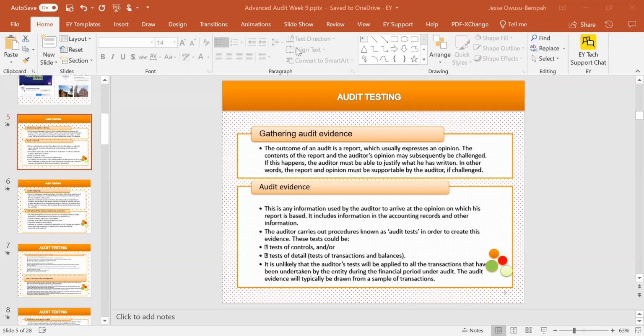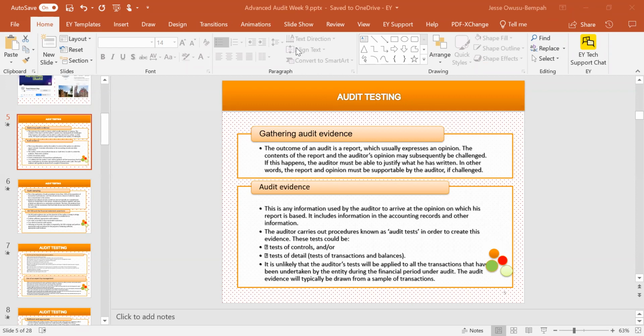Okay, so when we talk about audit testing, you cannot test properly without any evidence. You need evidence to test. And that's how auditors do their work. That's very, very important to know.